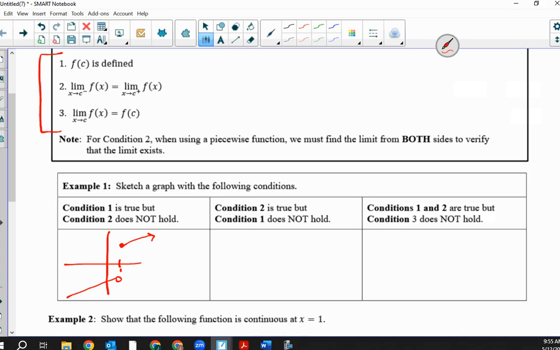All right, you guys try to sketch pictures for these other two. So condition 2 is true. The limit exists, but the function value doesn't exist. And then this one, 1 and 2 are true, but they don't equal each other. Try to sketch it, and then we'll go over them, okay?